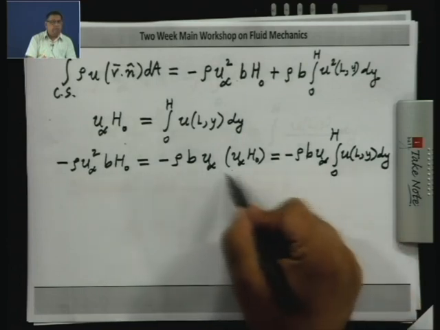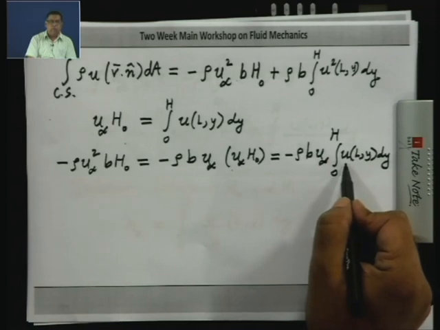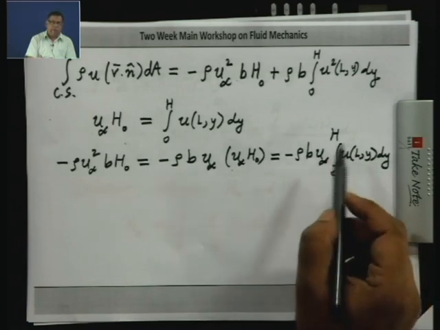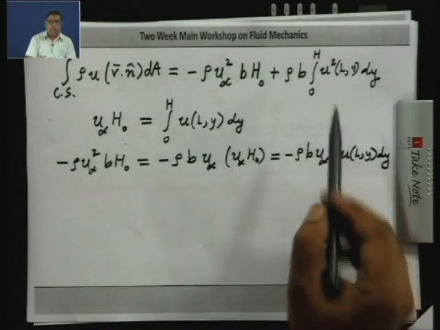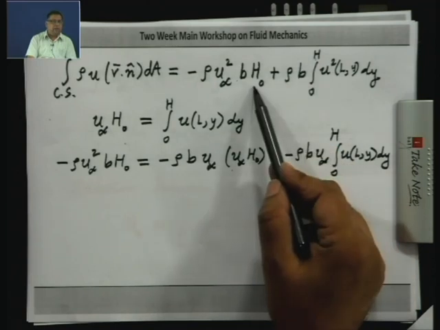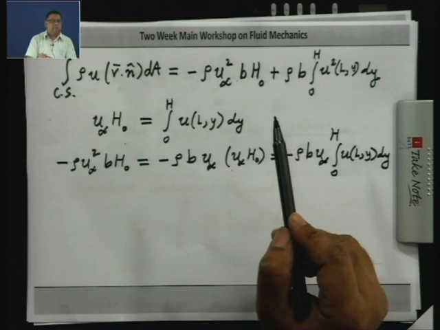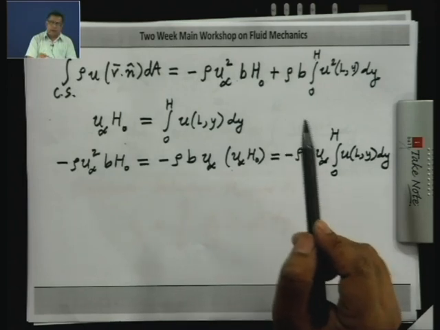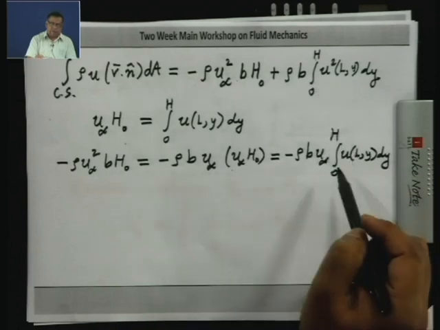Now, this was a simpler expression, but we are replacing this by this integral, because we want a compact expression where we have only h as the upper limit of integration. Remember, for each h there is a h naught, they are not independent quantities. The reason being that those two points are connected by a streamline. So, therefore, there has to be a relation between h naught and h.